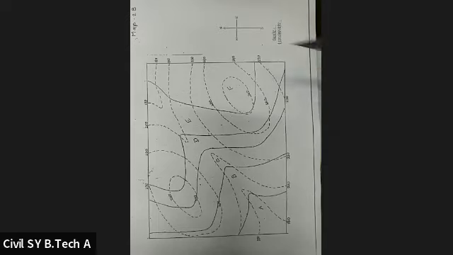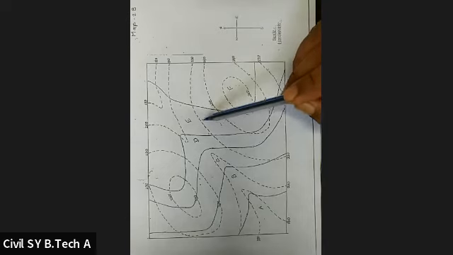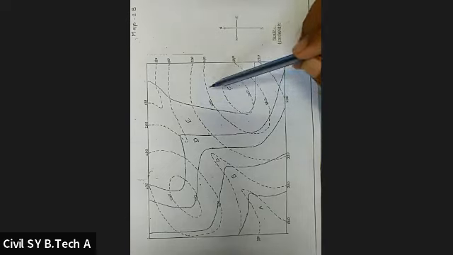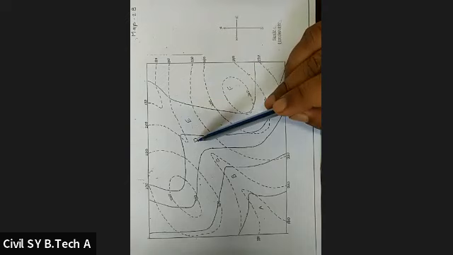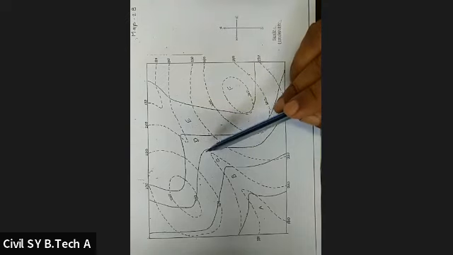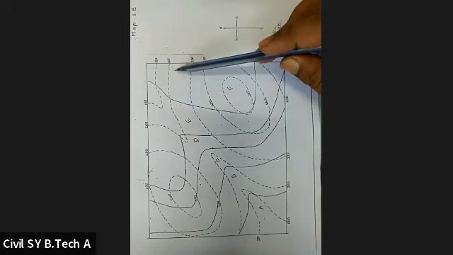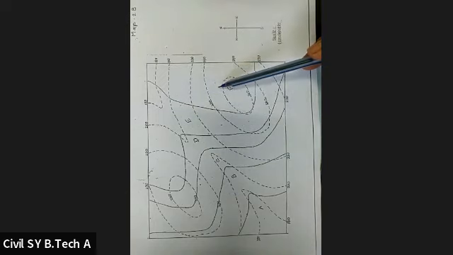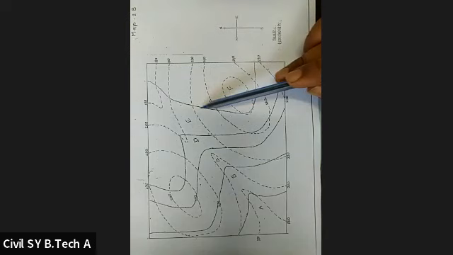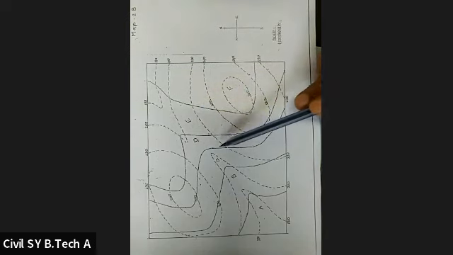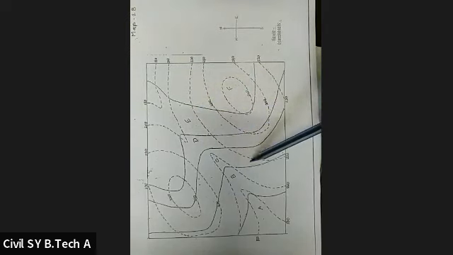Dotted lines and the straight lines are... Yes, yes. The dotted lines are the contour lines, and the continuous lines are the bedding plane lines. Okay. So here, these are the contour lines which are marked with the dotted pattern, and these are the continuous lines, these are the bedding plane lines.